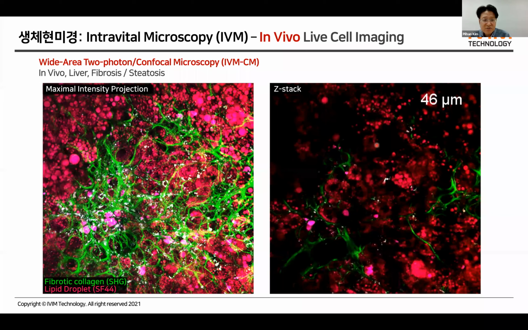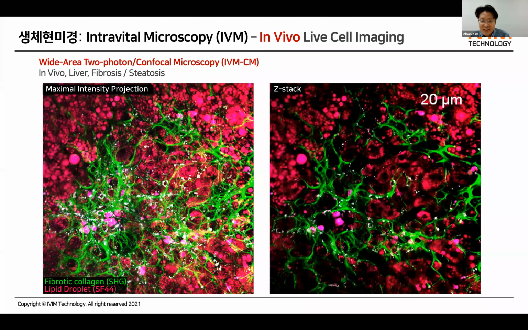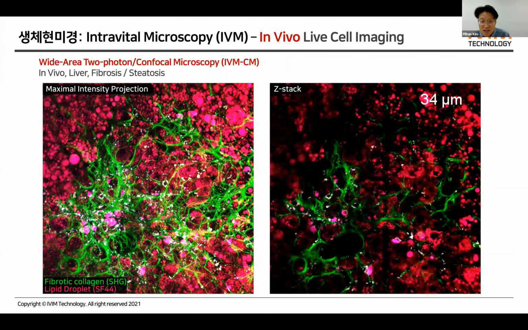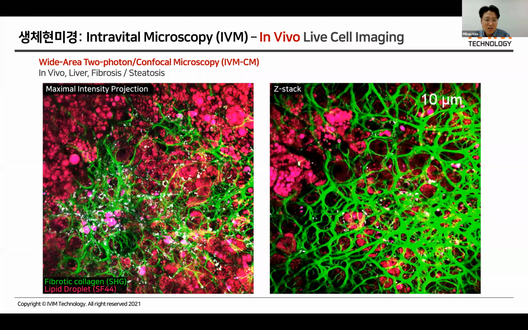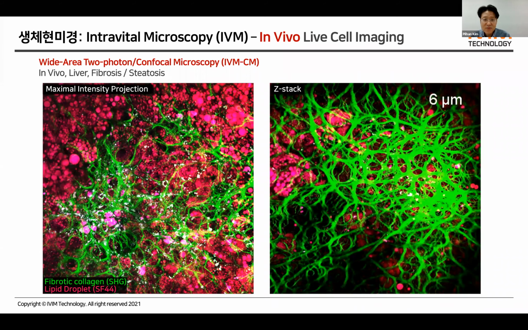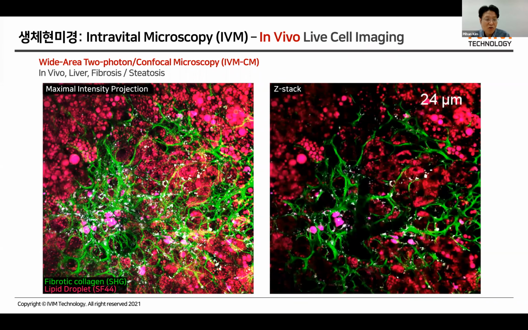This green is collagen fiber. So you can see the highly deposited accumulation of collagen inside the liver tissue in green. And at the same time, you can image the lipid droplet together in red color by using another fluorophore, SF44.